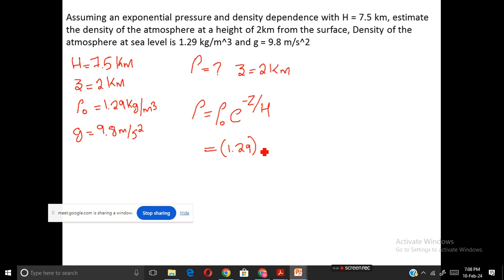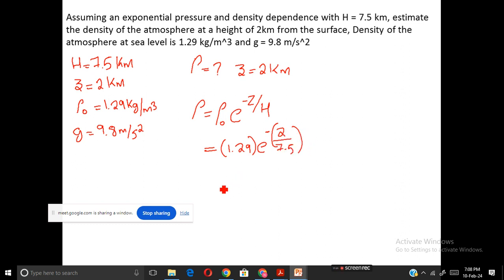1.29 into e raised to minus, what is the value of z by H? 2 kilometer by the scale height, 7.5. We can convert it into meter because it is a division, so both will cancel out. 2 kilometer will be 2 into 10 raised to 3 meter, and 7.5 kilometer will be 7.5 into 10 raised to 3 meter, so it will eventually cancel out.